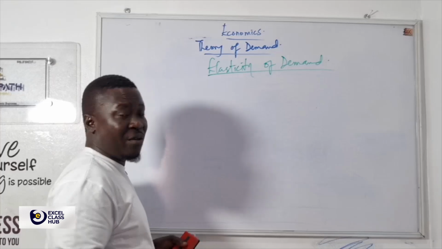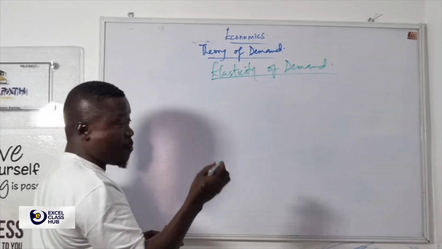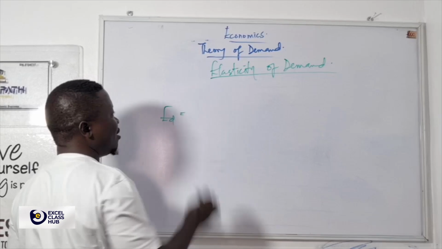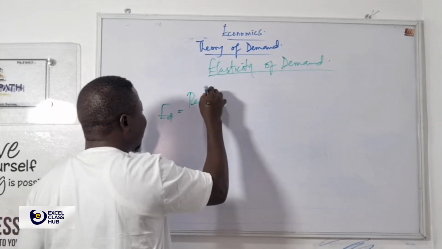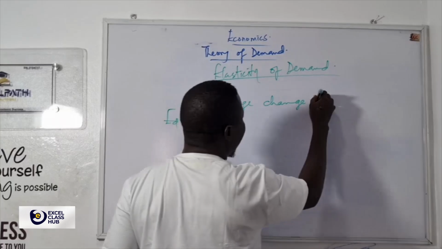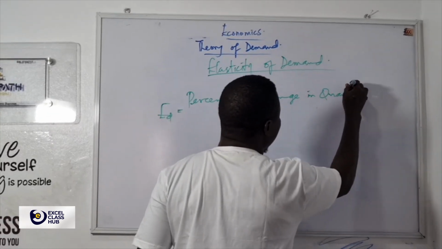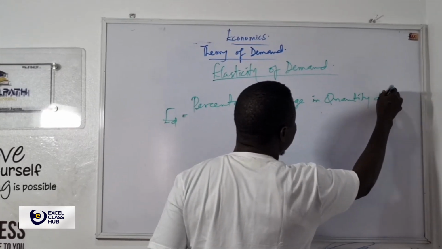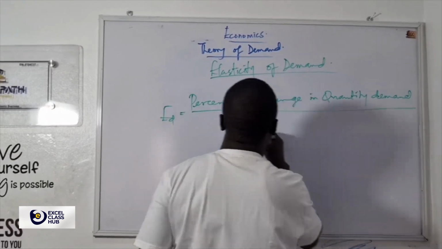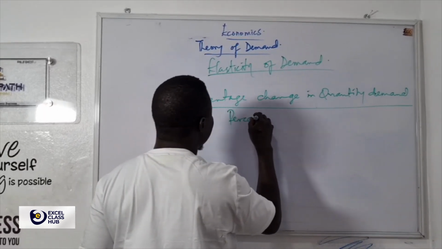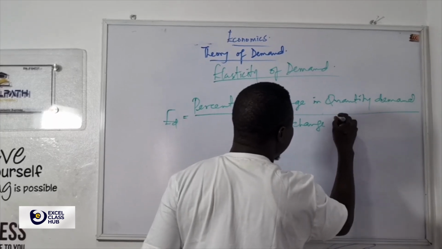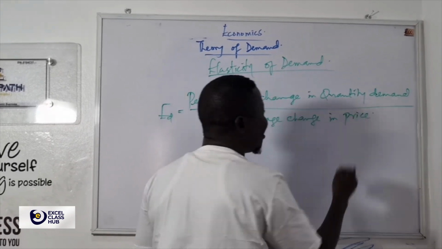The formula for elasticity of demand, ED, is percentage change in quantity demanded over percentage change in price.